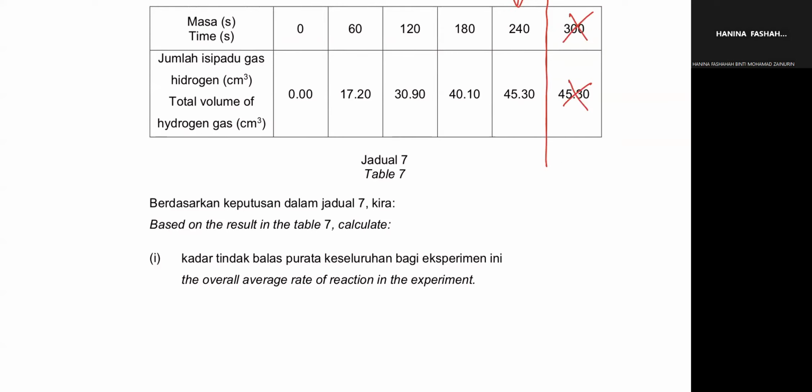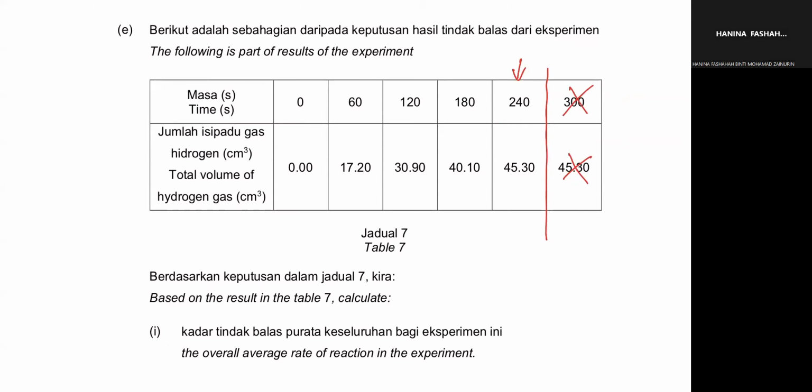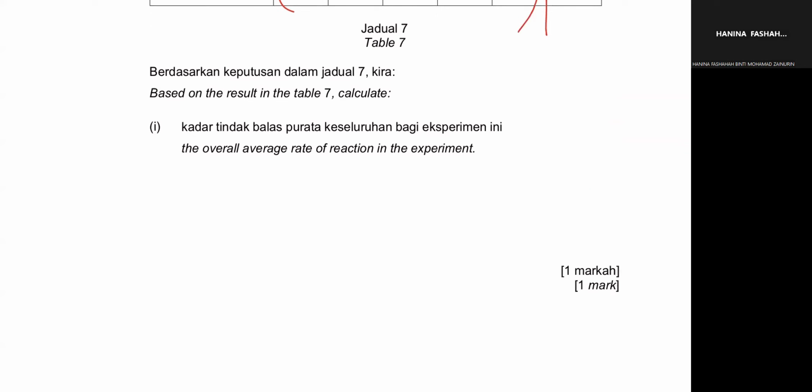So overall, now if you know how to calculate, overall means the whole reaction, from here to here. So you just use the whole experiment, which means 0 seconds to 240 seconds.